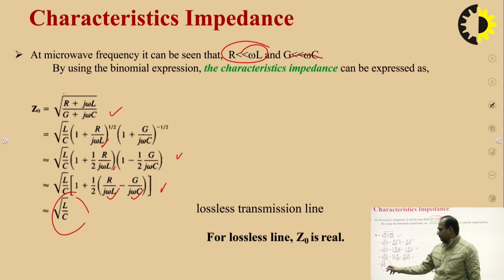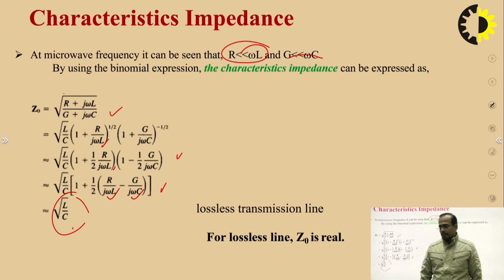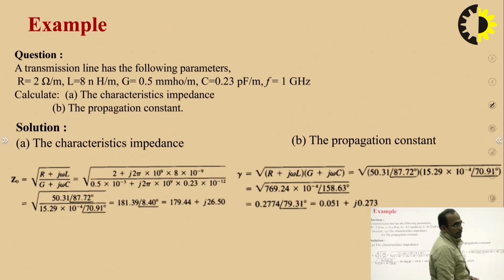So I will get under root L by C. So for a lossless transmission line, Z naught is real. Z naught is equal to under root L by C.